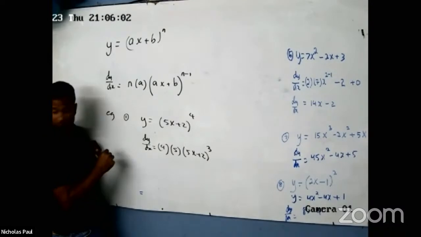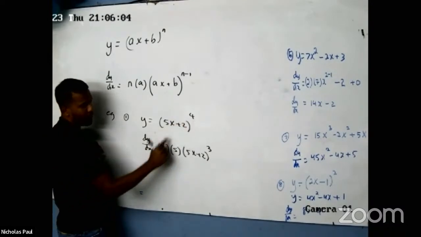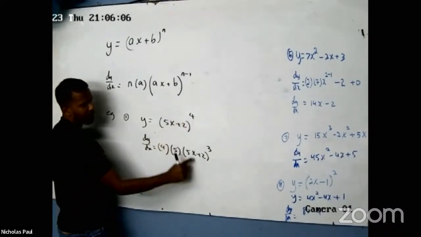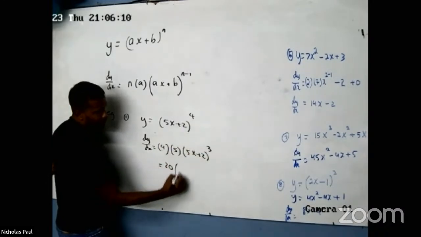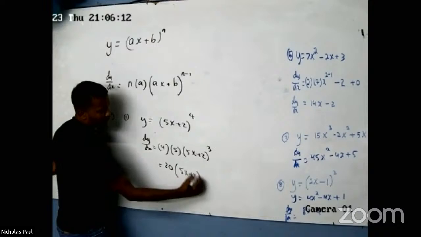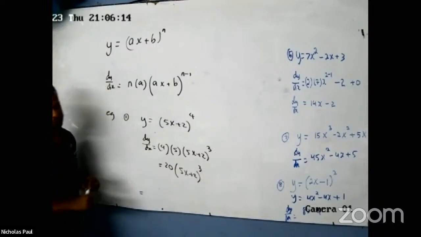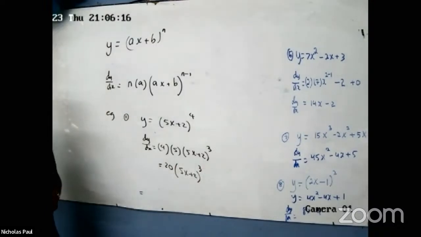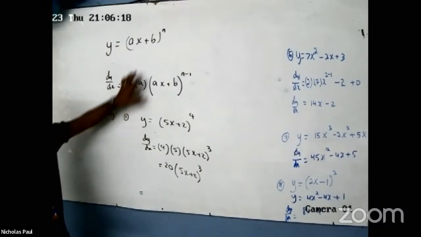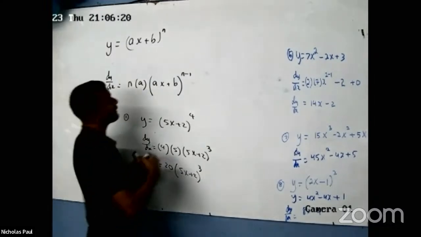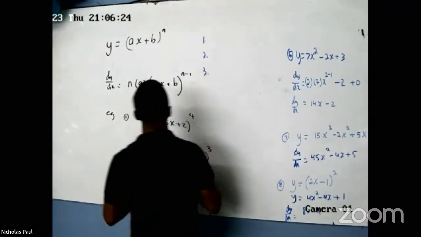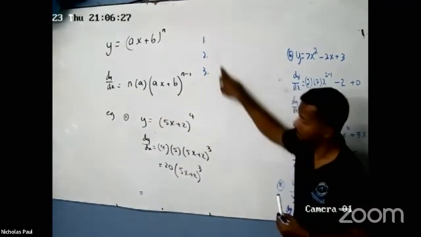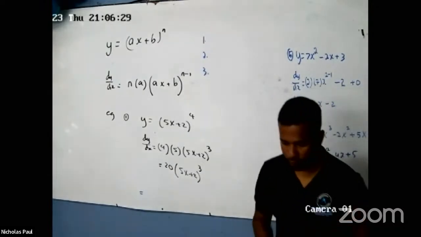So you bring down the power, you differentiate inside the bracket, you put back the bracket, and you minus 1 from the power. So the answer is 20 by (5x plus 2) cubed. I want to give you these steps so you remember what to do.